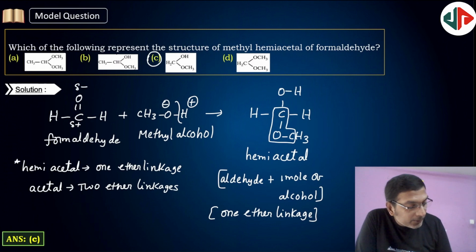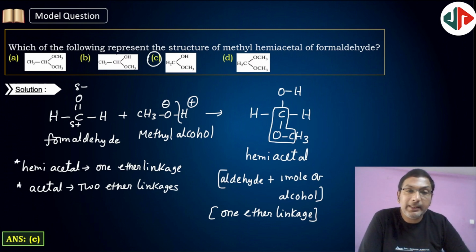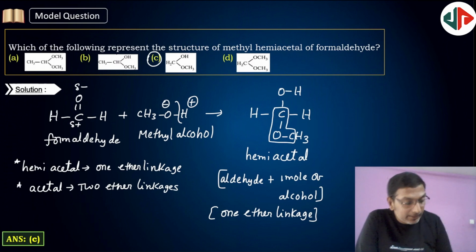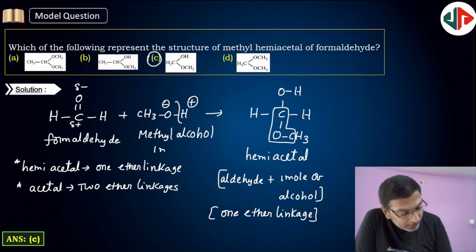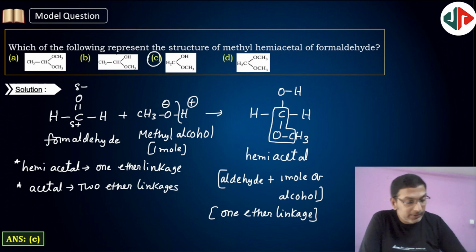So very important, these two. When formaldehyde reacts with 1 mole of methyl alcohol, it will form hemiacetal. Therefore option C.